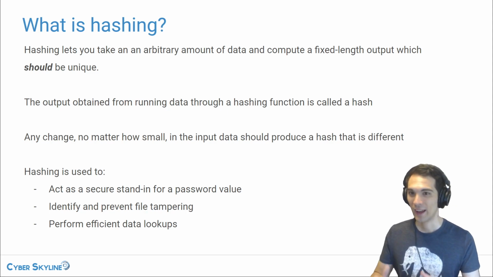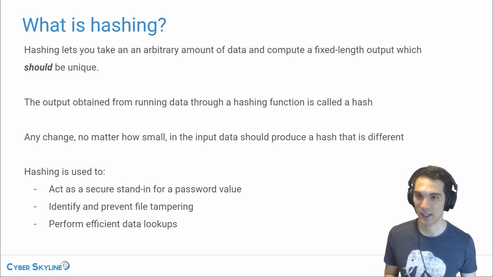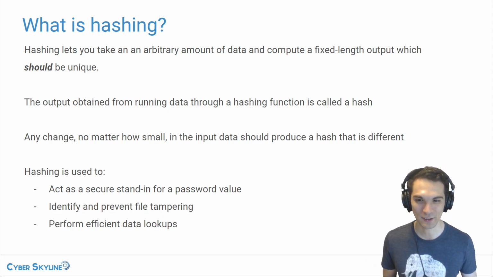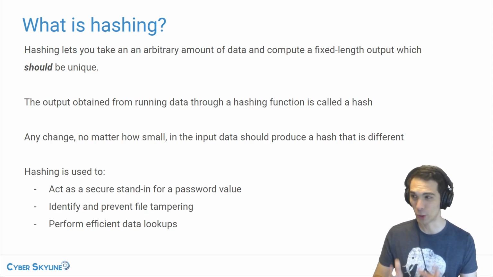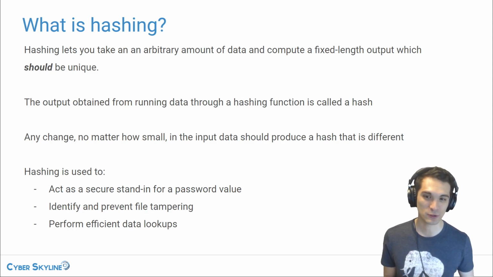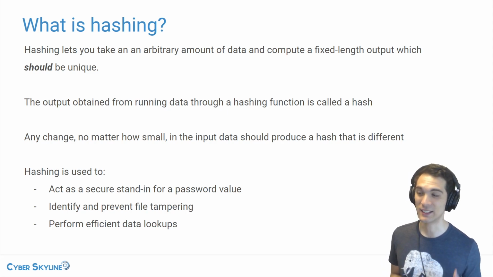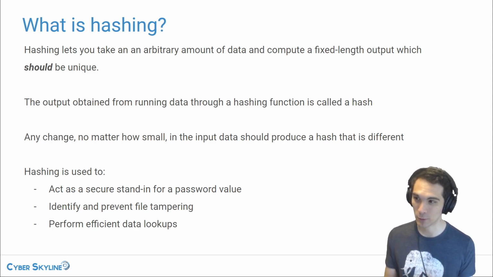If you have a database with user information, you might want to store passwords so those people can log in, but you probably don't want to store them in plain text, because if someone breaks into your database and steals all those passwords, now all of your users' passwords are out in the world. That's very bad security. What you might do is run their passwords through a hashing function so that if your database does get compromised, it's not the passwords that are out there in the world, it's the password hashes.